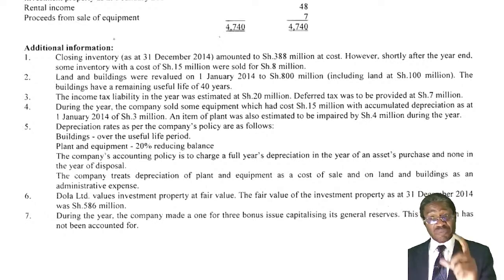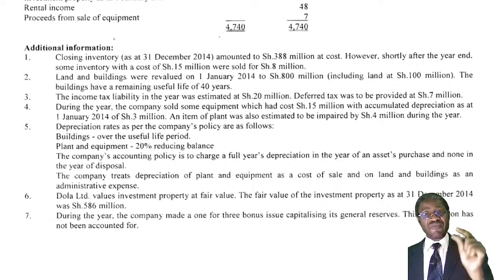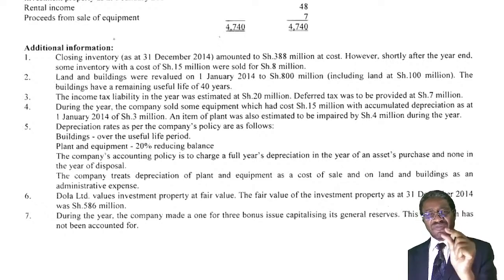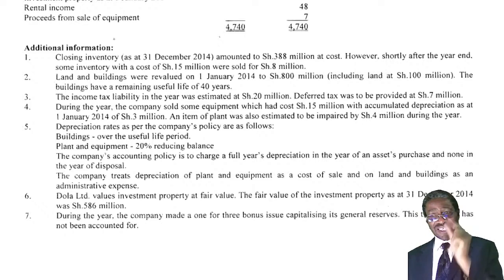So from that statement alone, if both land and buildings were revalued to 800 and land on its own was revalued at 100, that tells you that the building was revalued to 700. I hope you are getting that point. Then you are told building had a remaining useful life of 40 years.